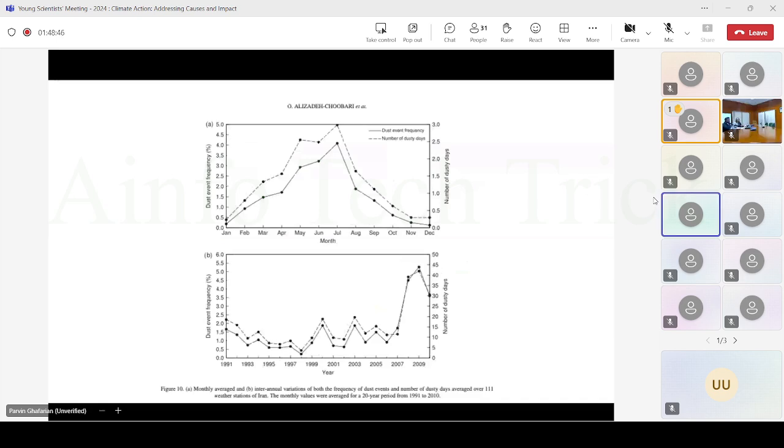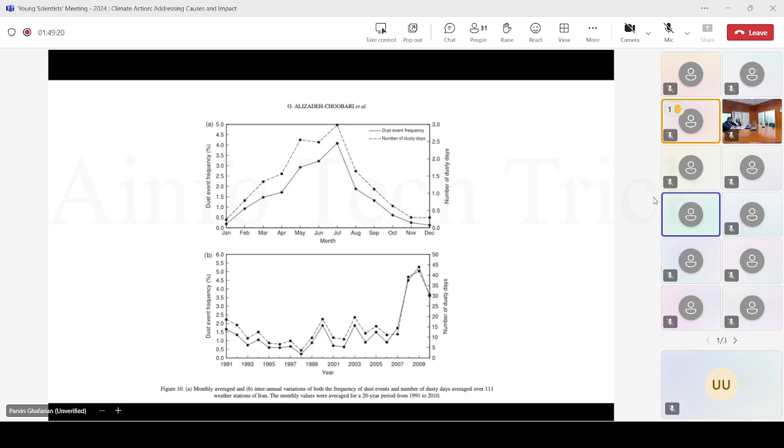These figures present data on dust events in Iran gathered from 111 weather stations across the country. And here you can see both dust frequency and the number of dusty days peak in the summer months, June and July, and there is a clear seasonal trend with dust activity increasing from spring to summer and then decreasing toward winter.